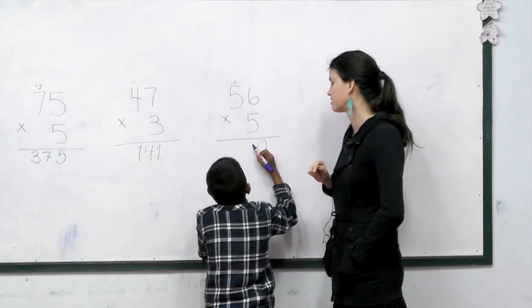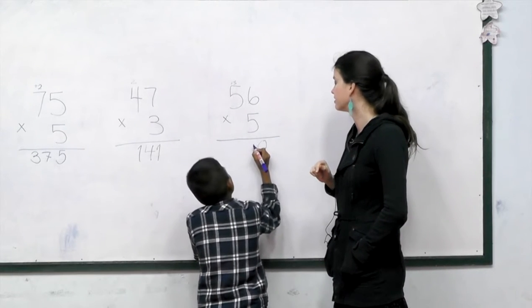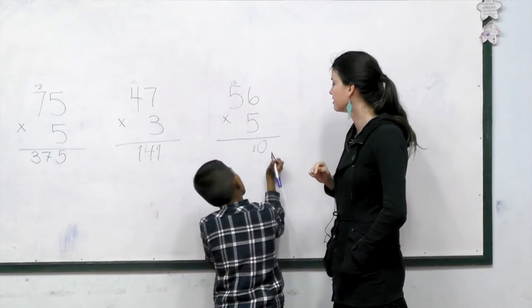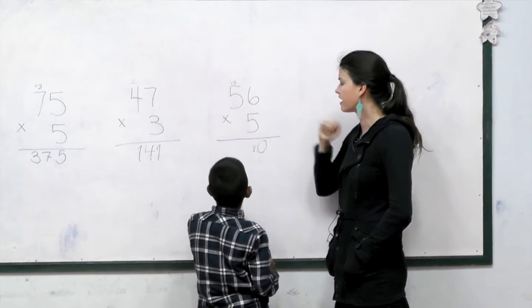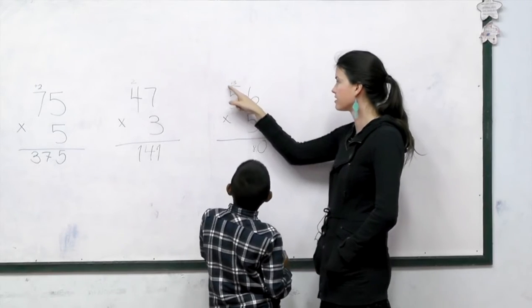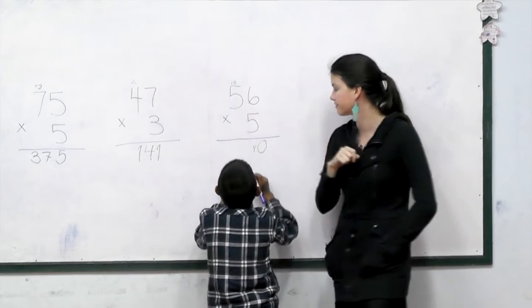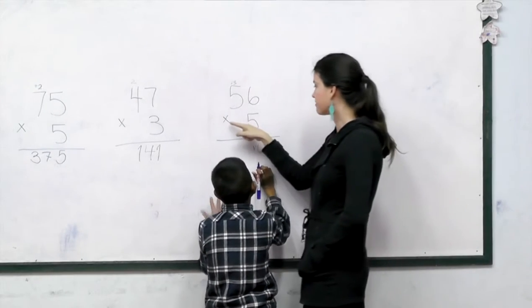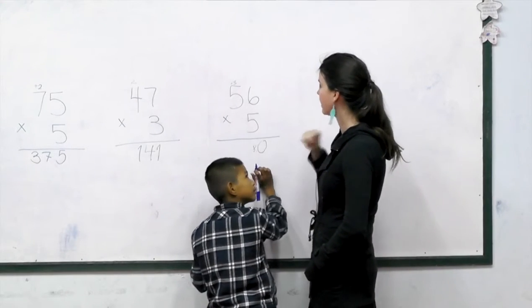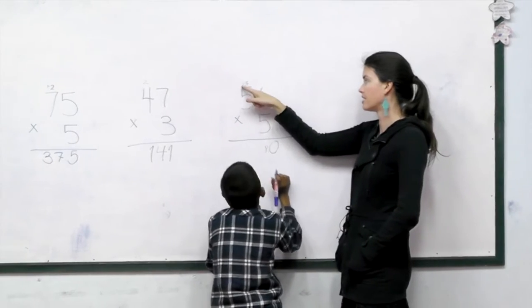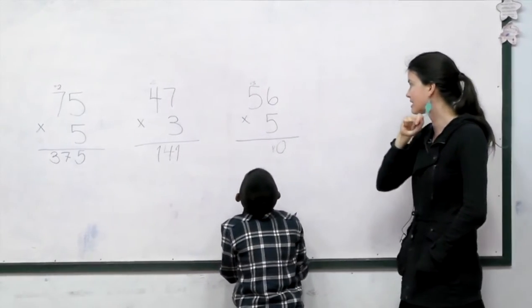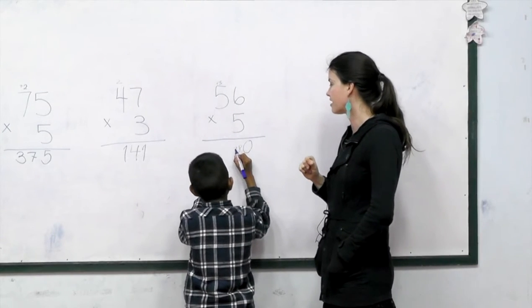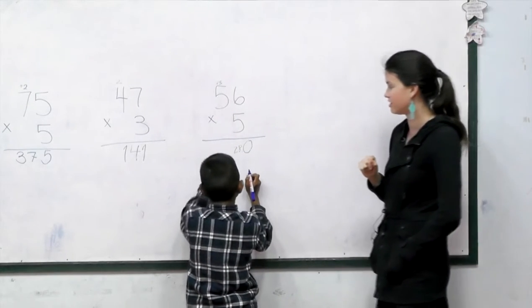We need an 8. 5 times 5 is 25. Plus 3 is 28. We're missing a number right there. Yeah, there it is, a 2.